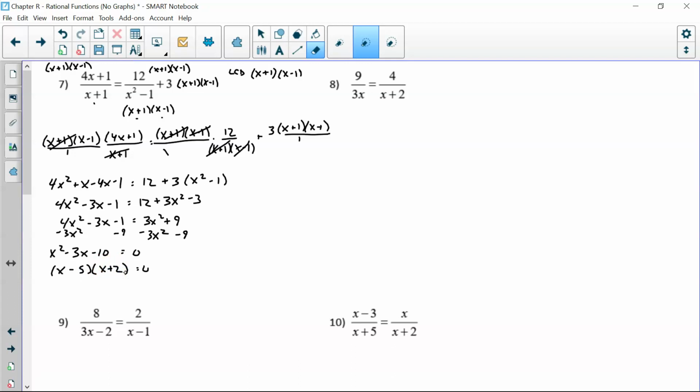So my solutions, x equals 5 and x equals negative 2. Looking at those, if I put a 5 in the denominator, it doesn't cause division by 0 here, here, or here. So that one's fine. If I put a negative 2, doesn't cause division by 0 here, here, or here. So they're both valid solutions.